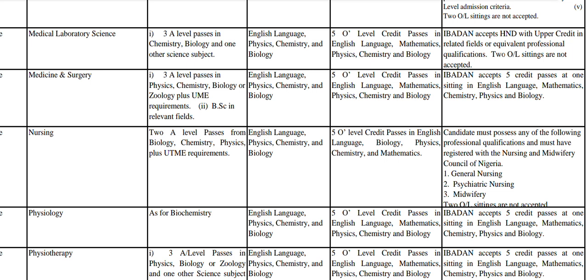And also they accept BSc in relevant fields. BSc in a relevant field. Don't use BSc in police science to apply for medicine and surgery. Okay, let's say BSc in anatomy, BSc in physiotherapy, BSc in biochemistry, BSc in microbiology and all that.